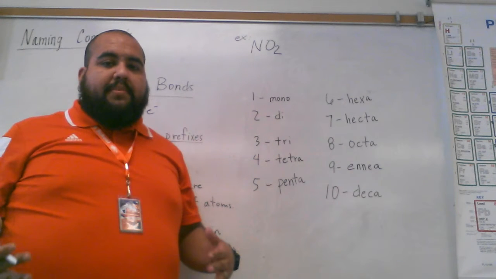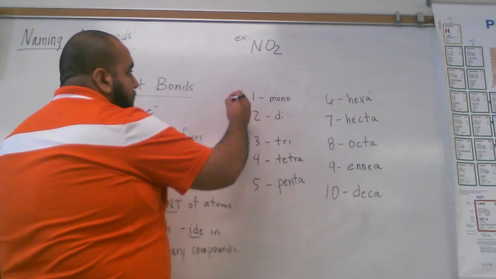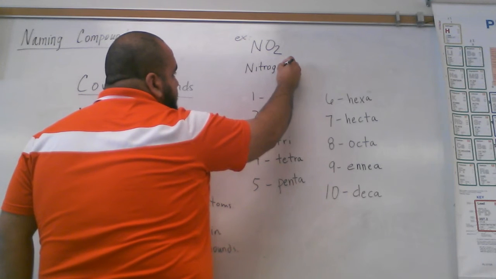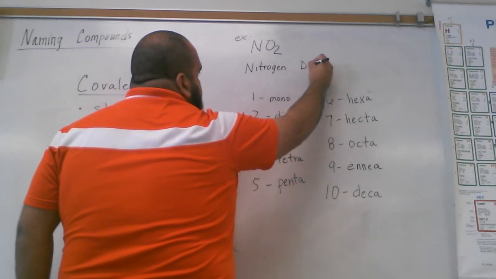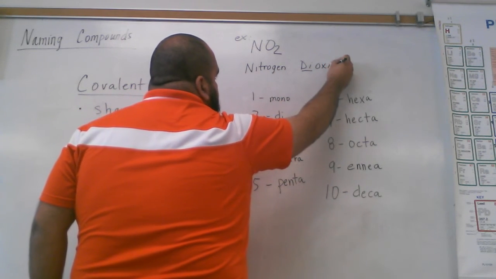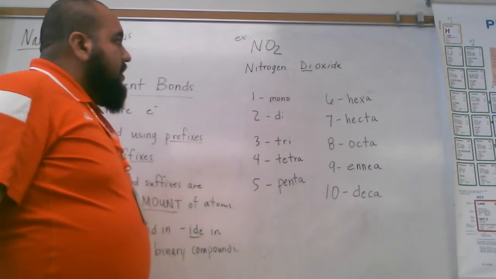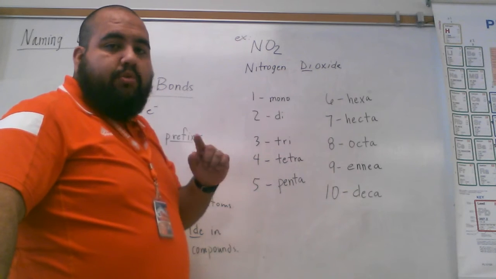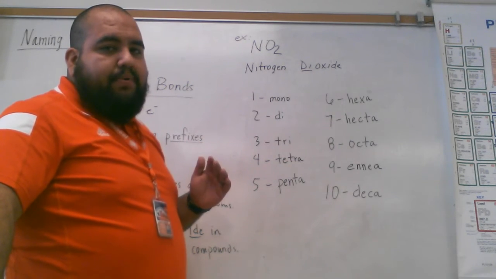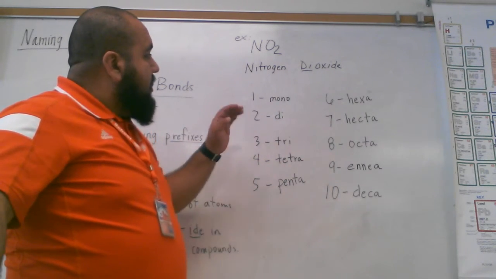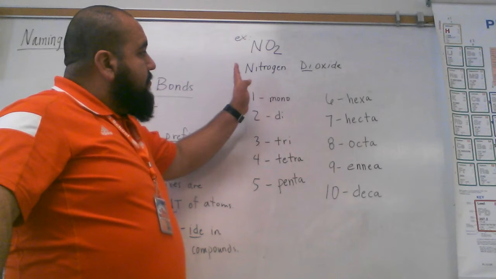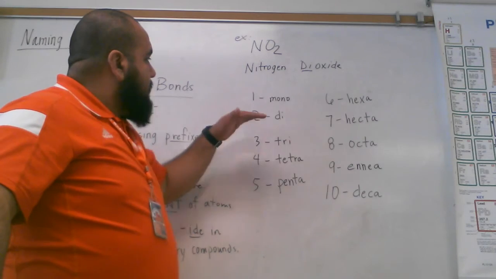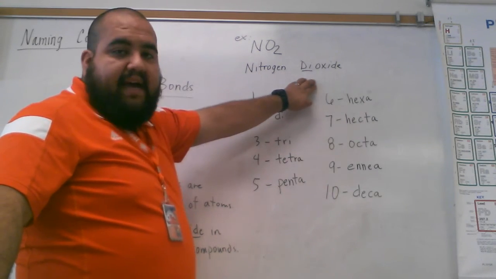So it is nitrogen, or mononitrogen if you want, dioxide. Usually, if the first element only has 1 atom, we don't technically put mono in front of it. We only put mono at the end if it's only at the end. Is that clear? Okay, so nitrogen dioxide.